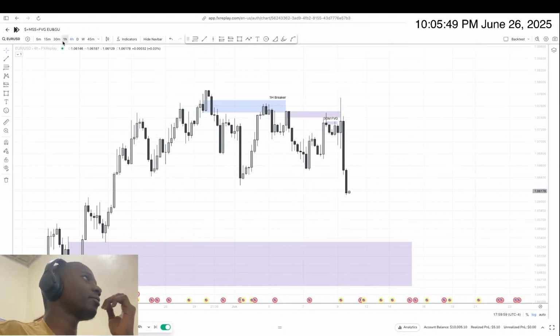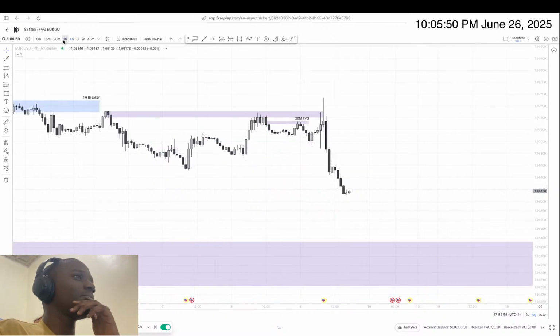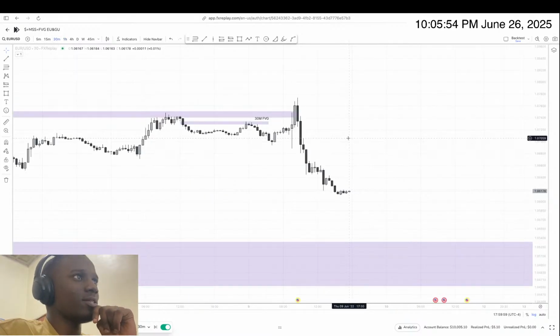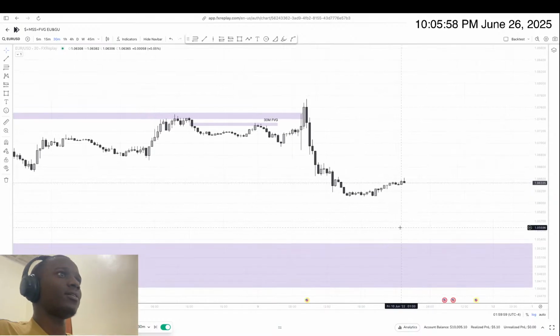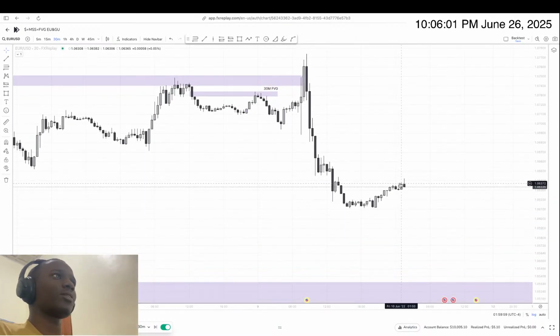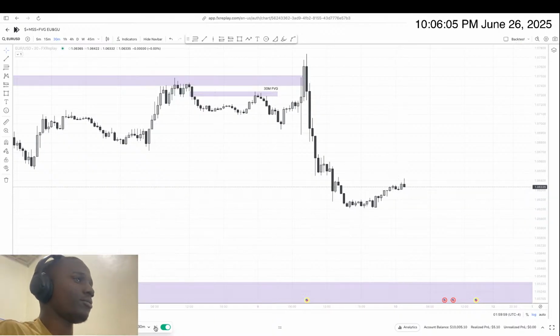Clean sweep, and the 1 hour is showing good signs. So let's just wait for the next day because it's already about to be Friday. Next day looks like it's about to come back into the zone, as most Fridays go.